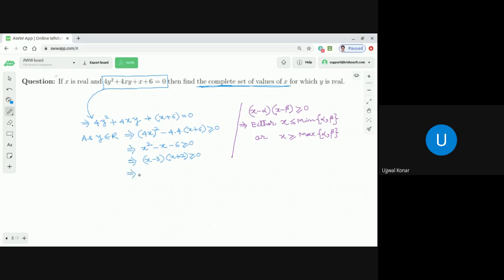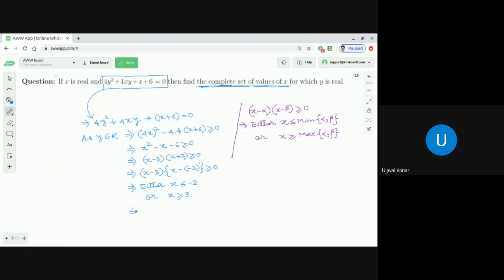So we write x minus 3 into x minus of minus 2 greater than equal to 0. This implies either x is less than equal to minus 2 or x is greater than equal to 3. Correct or not? So what is the complete set?